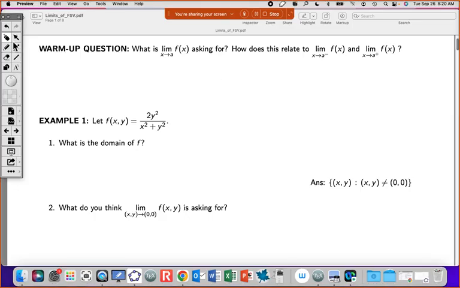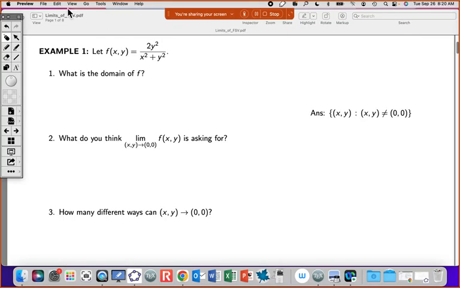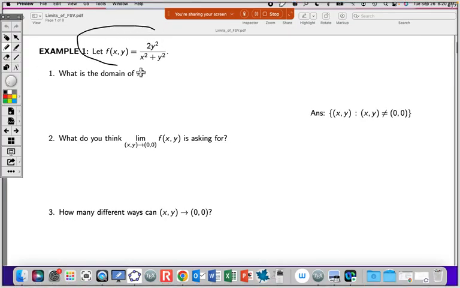So let's take a look at this function here. So now we kind of got the idea of limit again. What's the domain of f? So looking at this function, you notice it's got a fraction. And for a fraction to work, the denominator can't be what? It can't be 0. So let's find out where the denominator is 0.